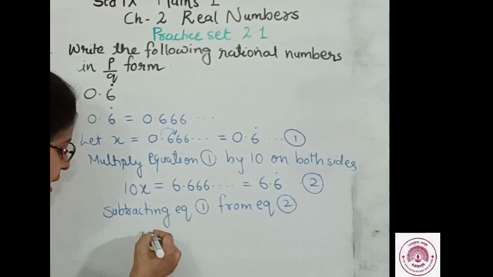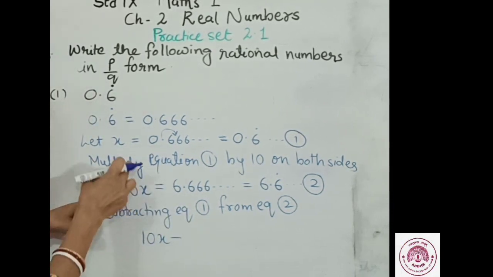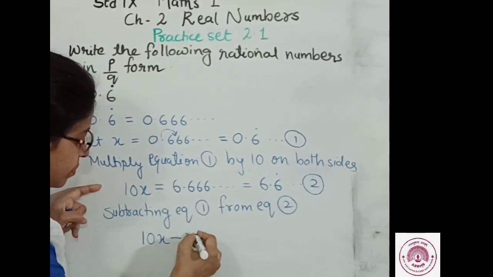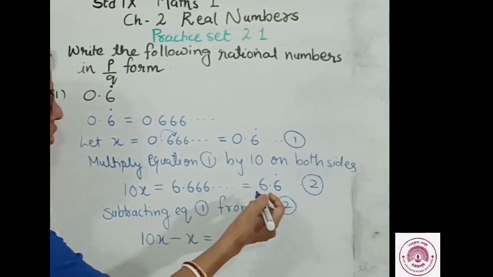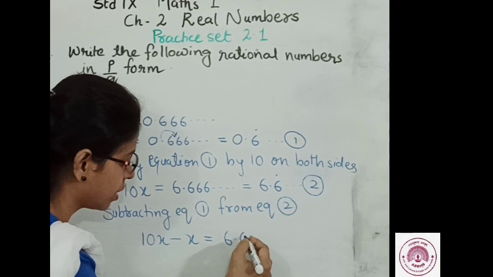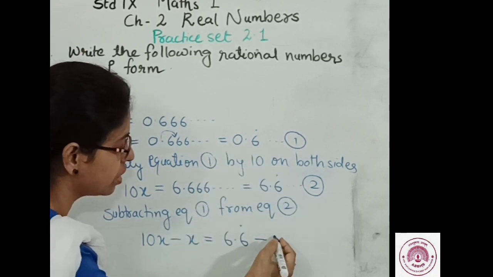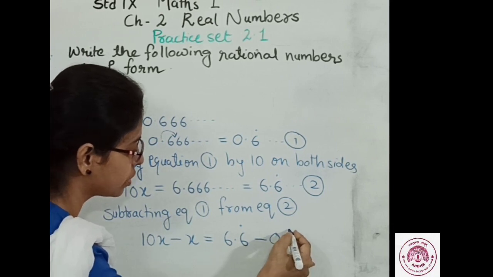So 10x minus x equals to. So here we can say 6.6 dot minus what we have here on the right hand side, 0.6 dot.